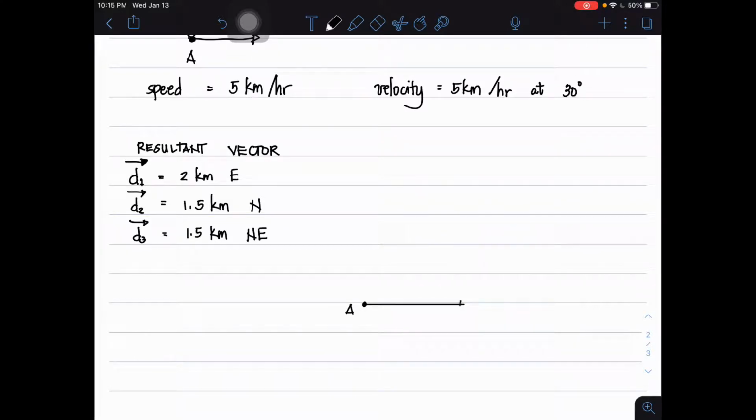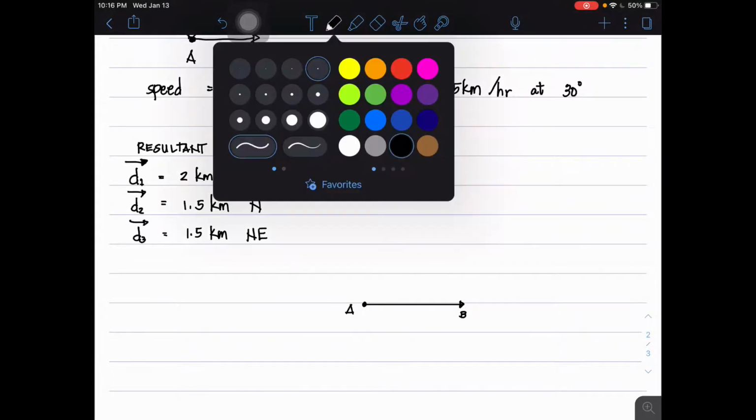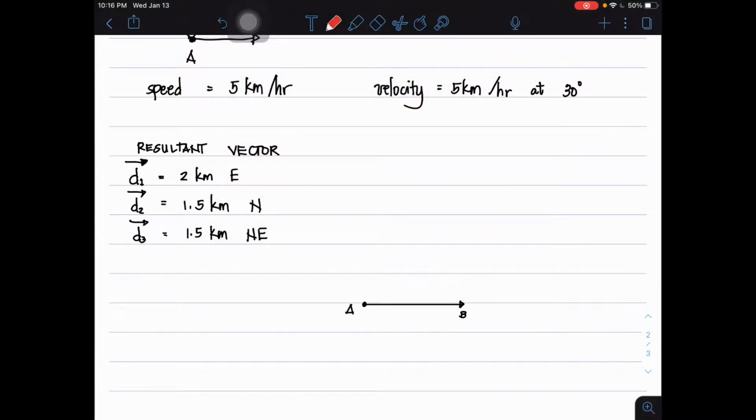That's 2 kilometers, and let's name that point B. After which I will travel 1.5 kilometers north. From here, that's 1.5. Let's name this point C.